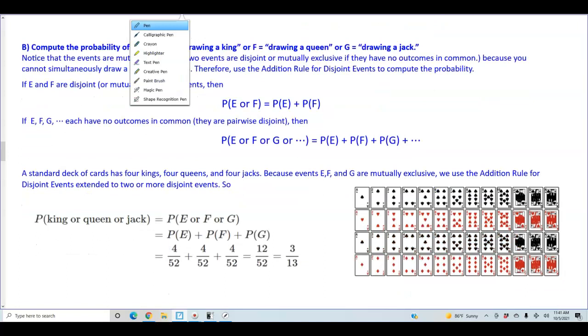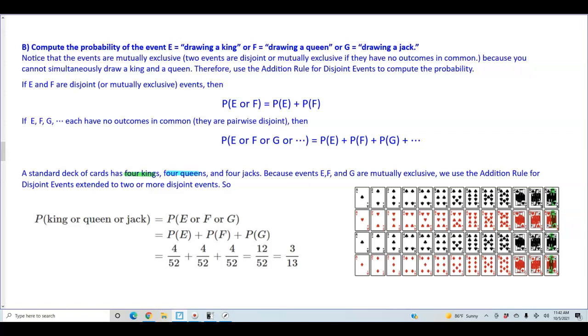So in our standard deck of cards, we know that we have 4 kings. So 1, 2, 3, 4 kings. We also know that we have 4 queens. That's 1, 2, 3, 4 queens. And we also have 4 jacks. So we have 1, 2, 3, 4 jacks.